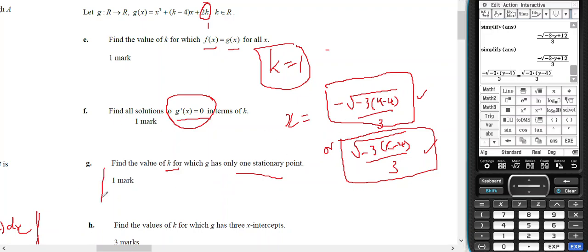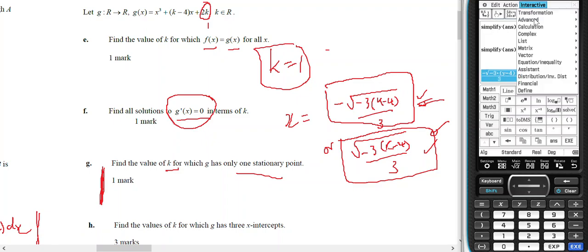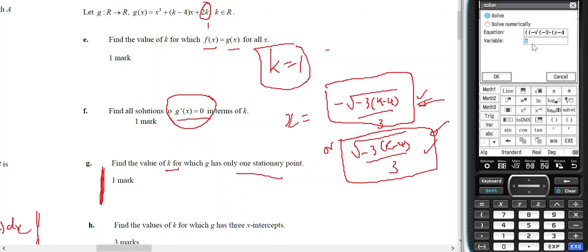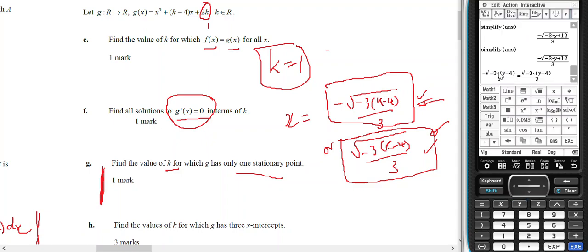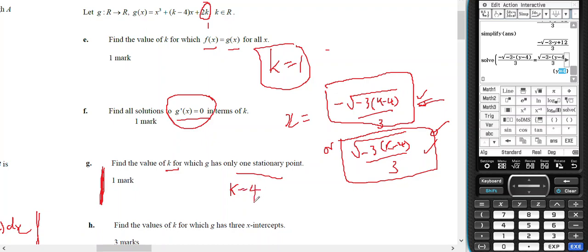I will have only one answer if both of these give me the same value, because then it wouldn't be two separate solutions, it'd just be the one. So if I set that equal to each other and solve for y, that is k equals 4. One result, and of course when k equals 4 that's 0, which means the answer is 0.